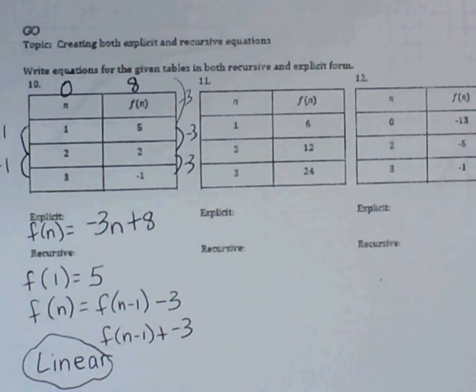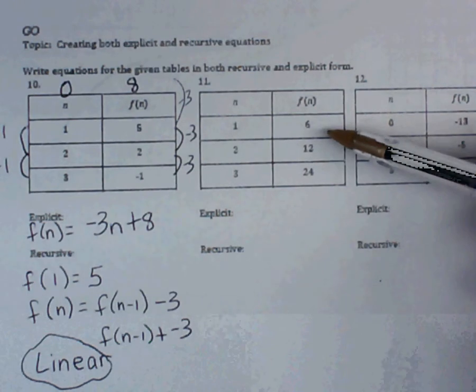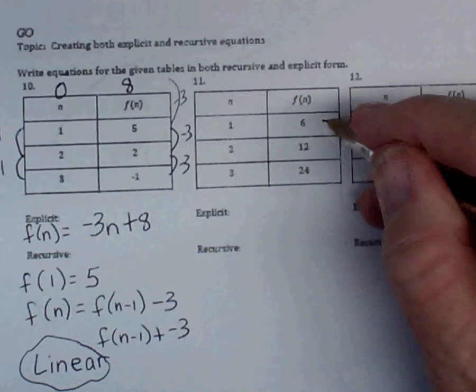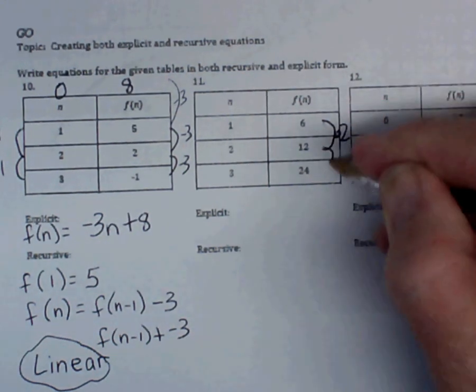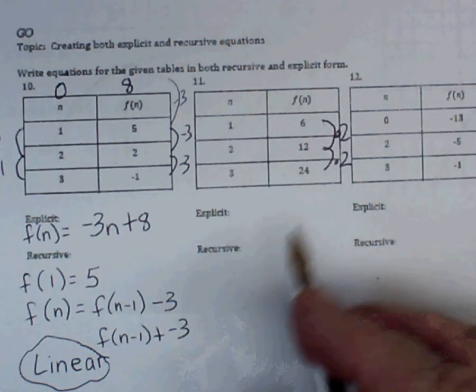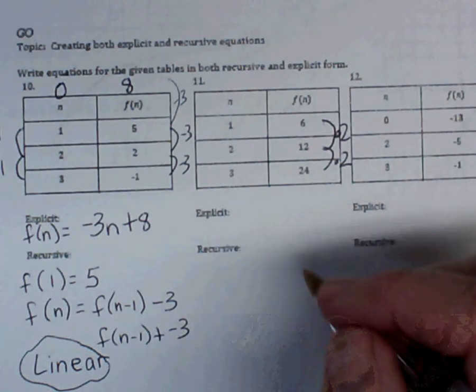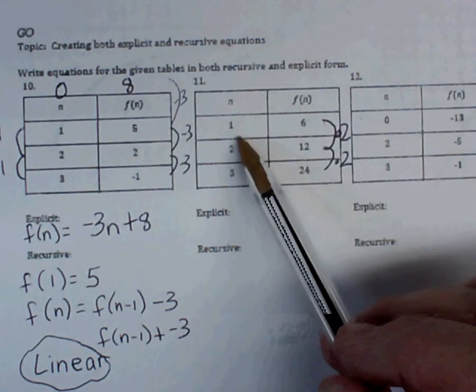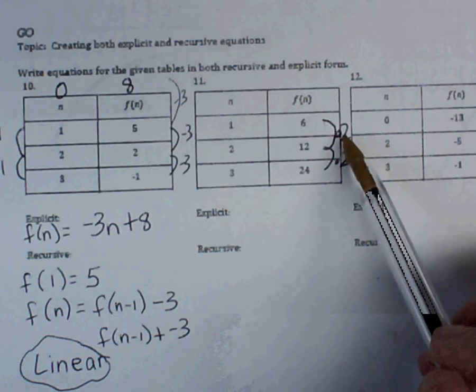There we go. Is this one also linear? It's going up, add 6, no. Multiply by 2, yes. So multiply by 2, multiply by 2. So in my explicit formula, I'm going to have 2 to a power. I know that. And this is growing by 1. So yes, I'm going to have 2.